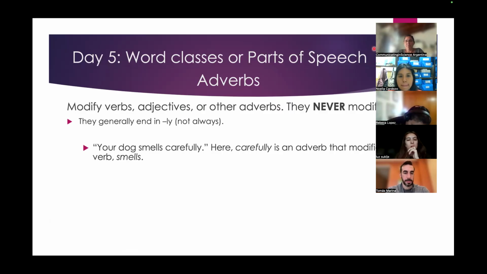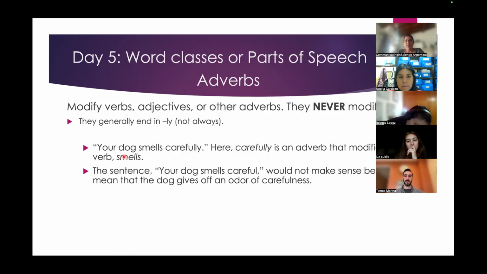And I have some examples for you here. It says, your dog smells carefully. So carefully, it's an adverb that is modifying the verb smells. It's telling you that your dog is smelling things with a lot of care, cuidadosamente. If you say your dog smells careful, careful, it's an adjective, because it will mean that the dog gives off smells like carefulness, como cuidado, which doesn't make sense.